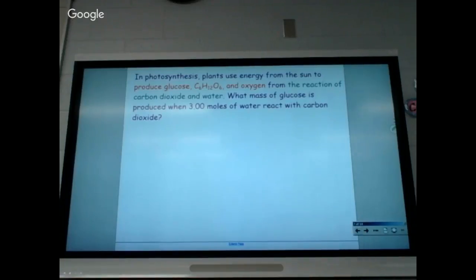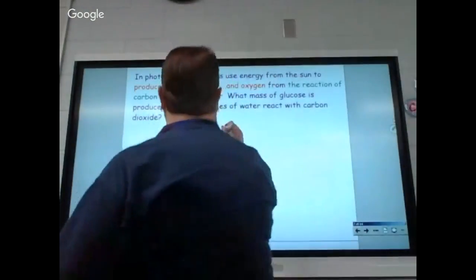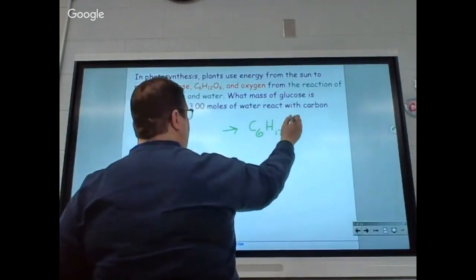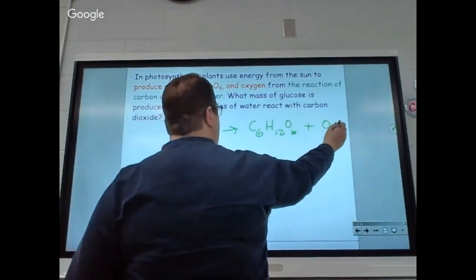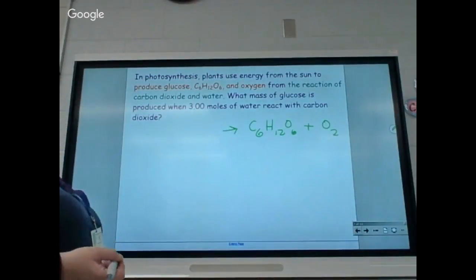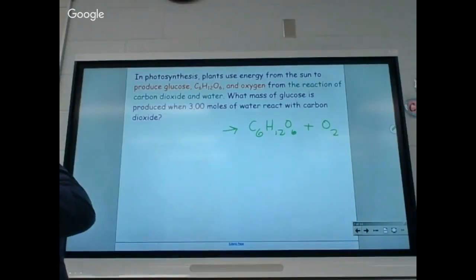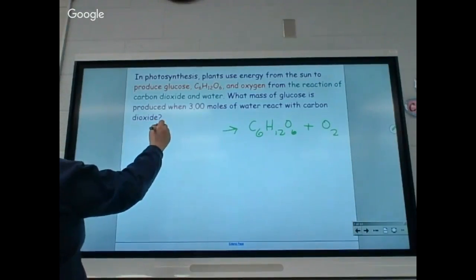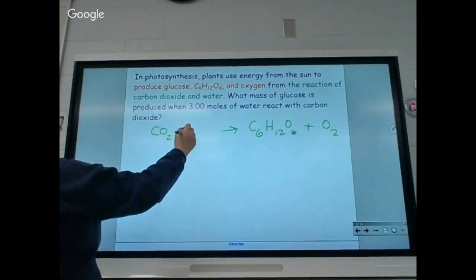So, how do we write glucose? I gave you that formula. I just wrote oxygen because I'm assuming we all know it's diatomic. From what? Carbon dioxide and water. So carbon dioxide is CO2, and H2O.